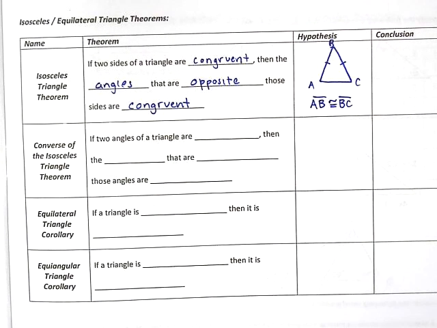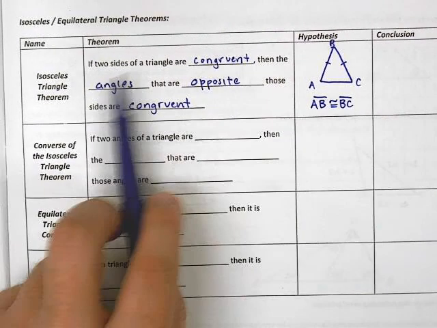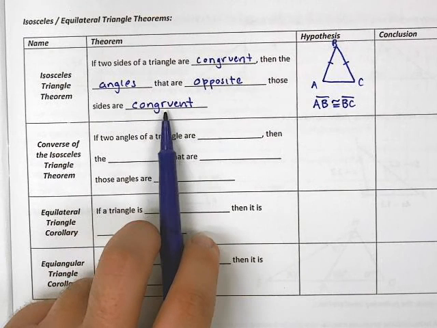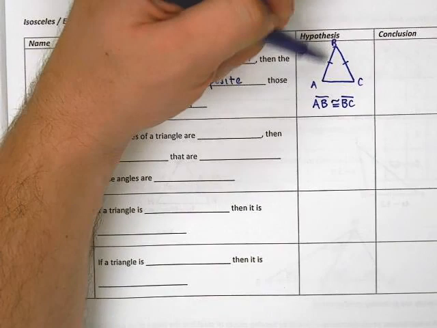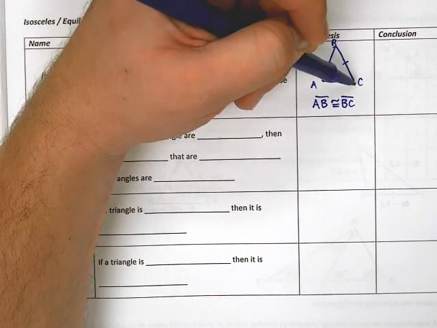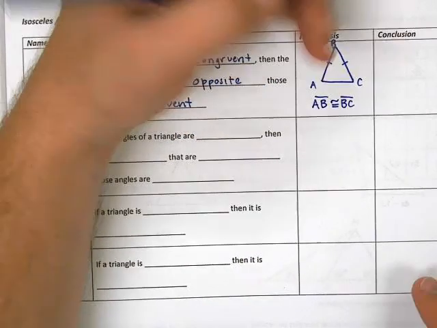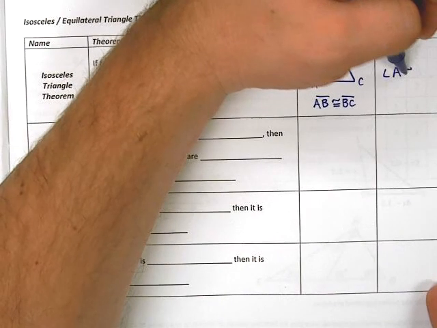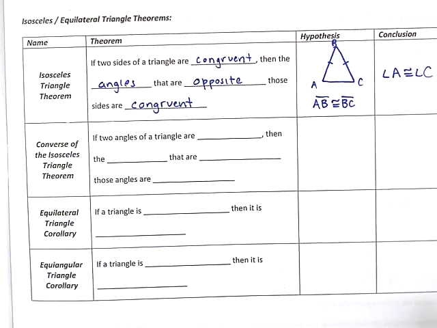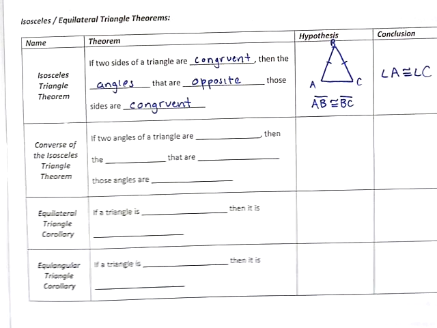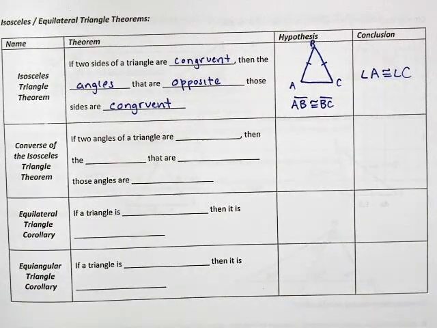All right, so there's my picture, and what I want to conclude, guys, is that the angles opposite the sides are congruent. Okay, so if AB is one of the sides, what's across from AB? C. What's across from BC? A. So my conclusion is that angle A is congruent to angle C. All right, that is what we are looking for.